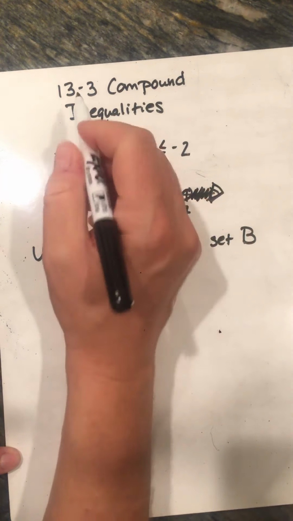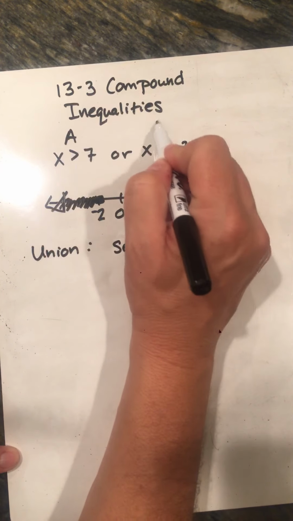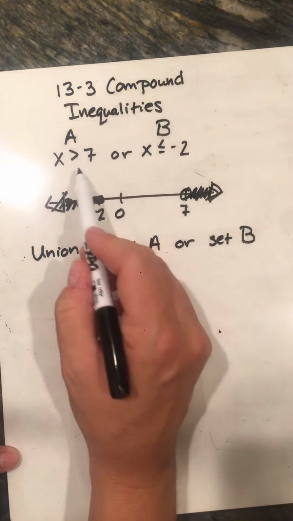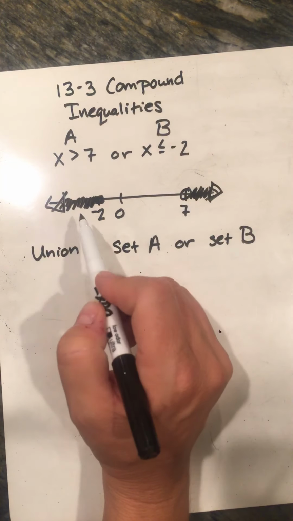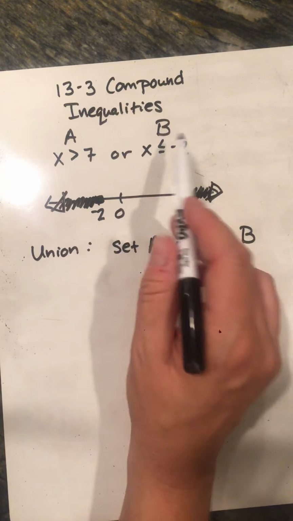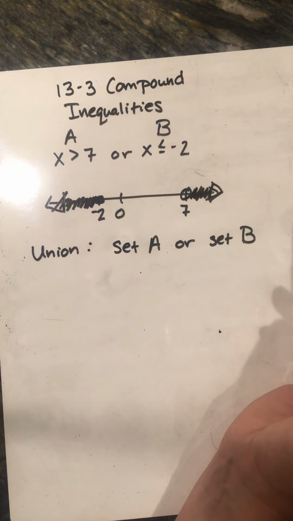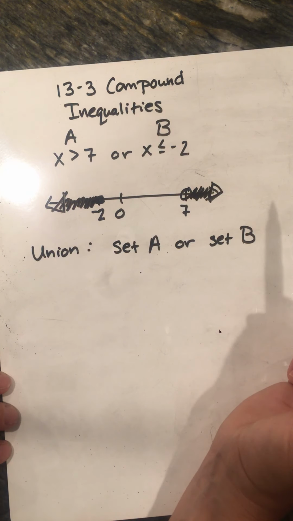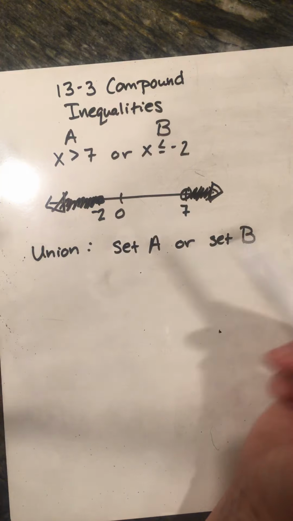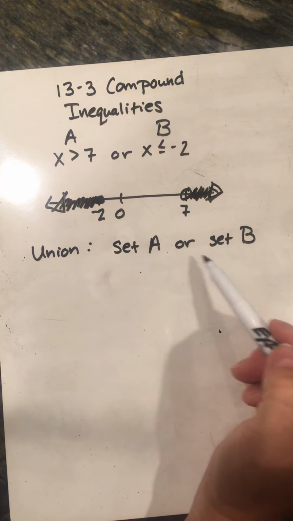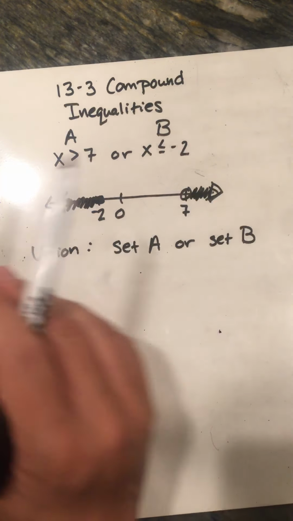So let's look at, this is our set A and this is our set B. So what is a number that falls in either set A or set B? You could pick 10. 10 would be one. -4. 0 would not. 0 does not fall in either of them. So it has to fall in one or the other.